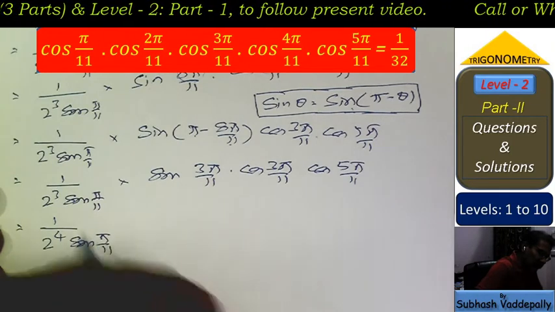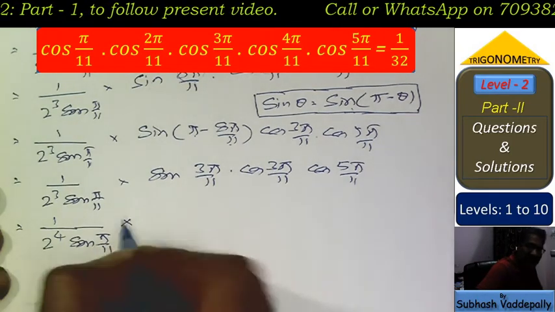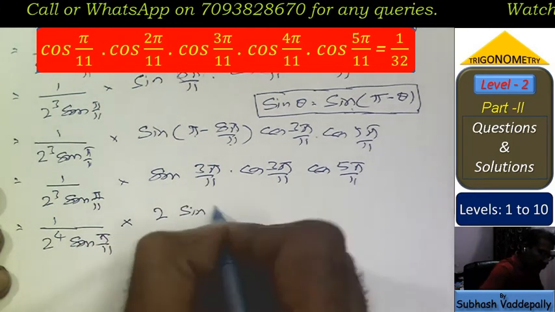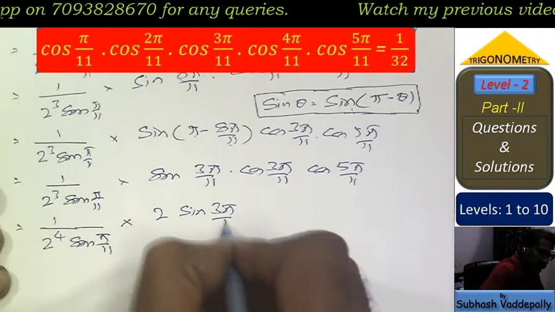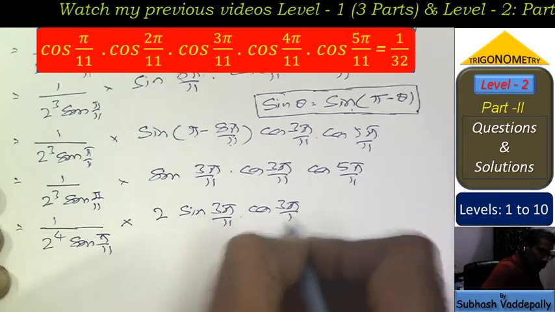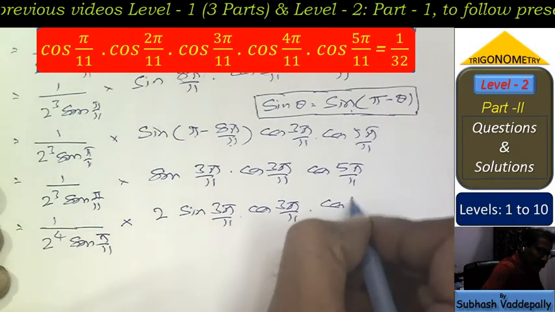This I write till the last step, so somewhere else it should get cancelled, right? So here this is 2 sine 3 pi by 11 into cos 3 pi by 11 into cos 5 pi by 11.